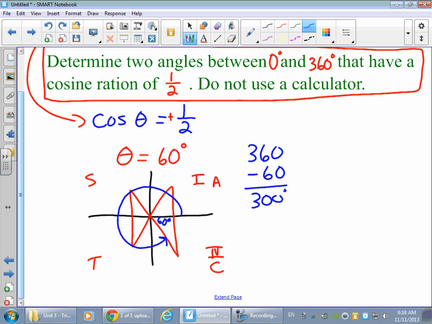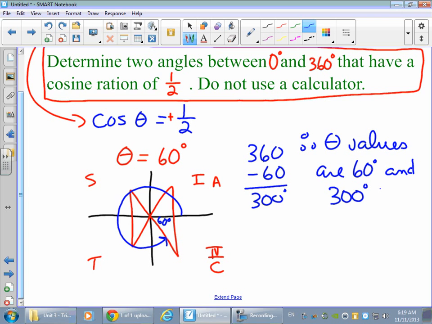So my answers are, when does cosine of theta equal positive 1/2? When theta is 60, and therefore theta values are 60 degrees and 300 degrees, when cosine of theta is 1/2.